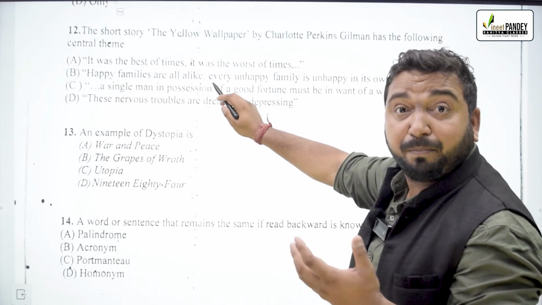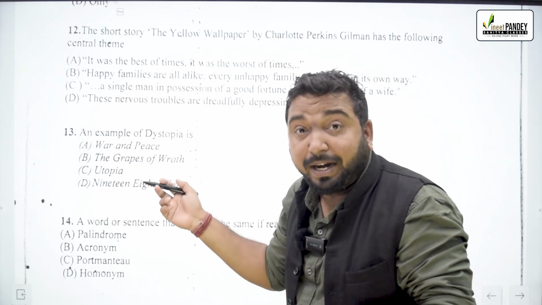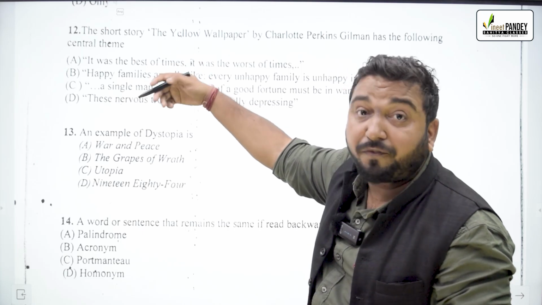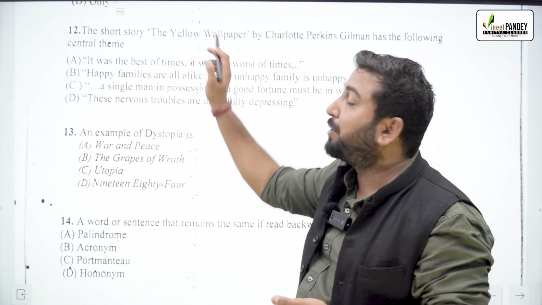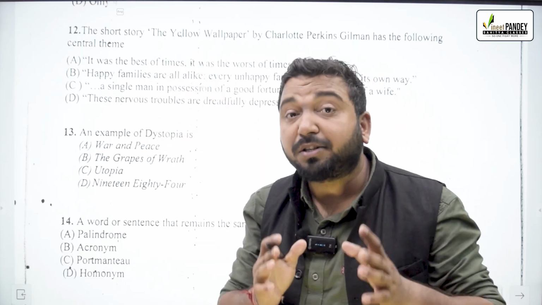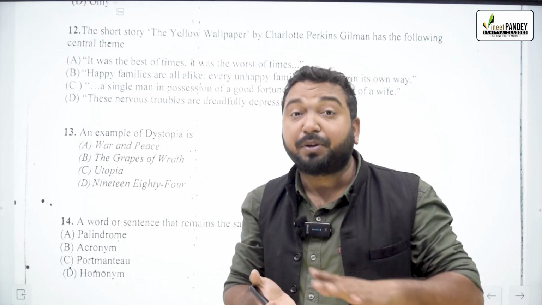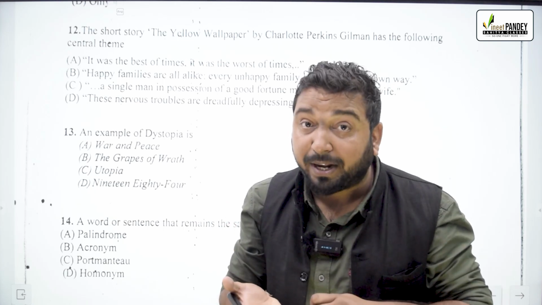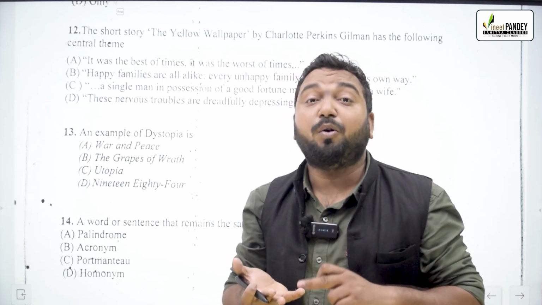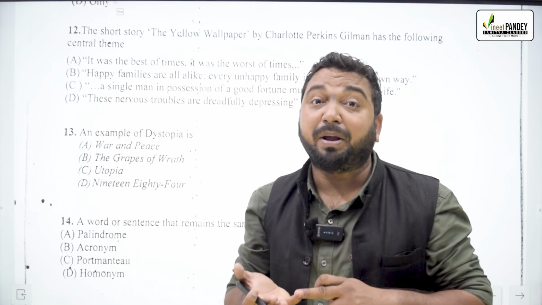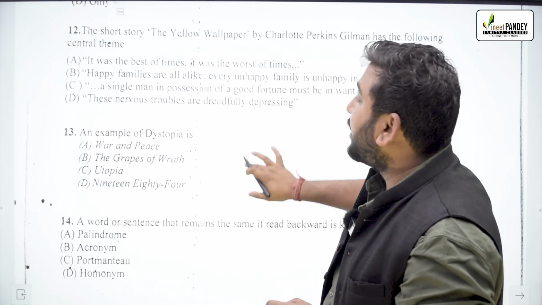This one is for Pride and Prejudice. So even if you go for the right options, you know these 3 lines are from other books. This one is from The Yellow Wallpaper. Top 10 short stories का lecture दिया हुआ है मैंने. Read it, prepare those things because they may ask you A Rose for Emily, The Grief, or they can also ask you B24, Baker Street. Make sure you remember that.